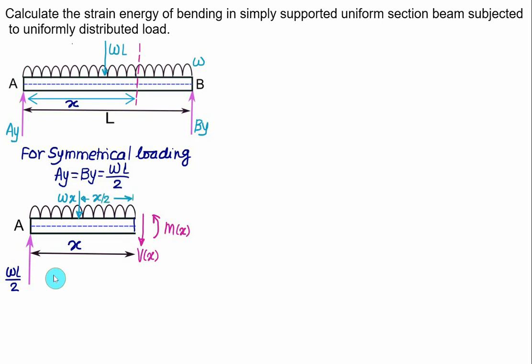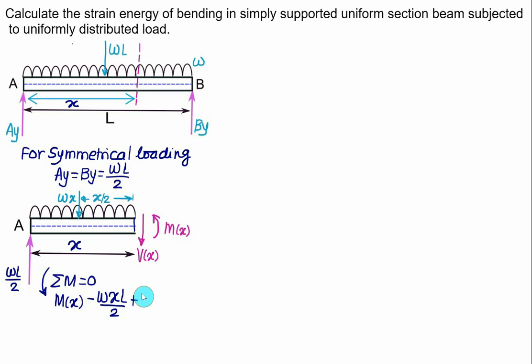If we take the sum of moments equal to 0, and this time we take anti-clockwise as positive, we have the moment at any section x as a positive value, WL by 2 into x is clockwise so a negative value, that is W into x into L divided by 2. And the moment due to the equivalent point load of UDL will be anti-clockwise, a positive value.